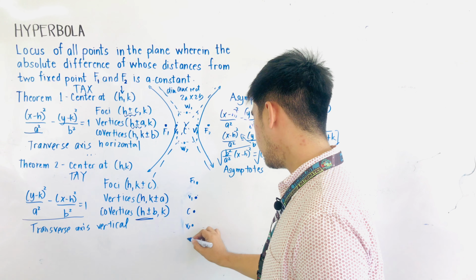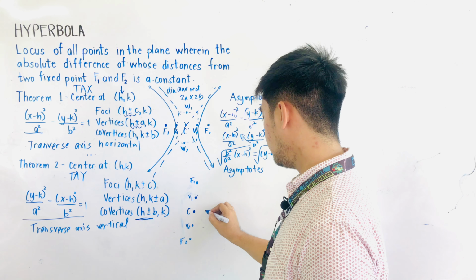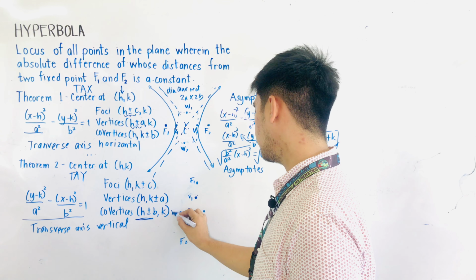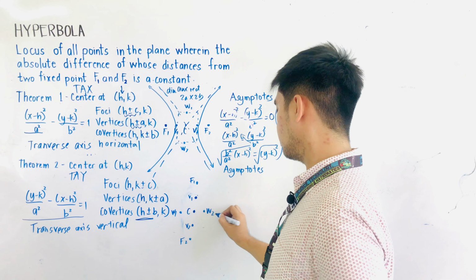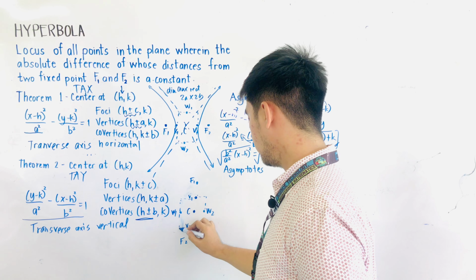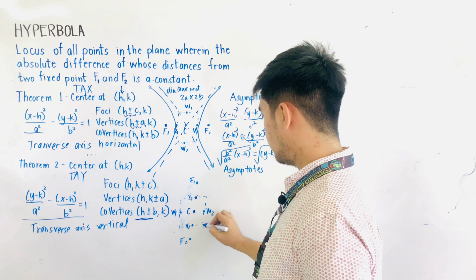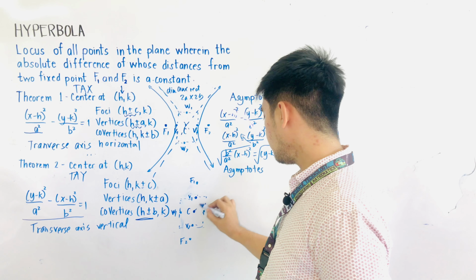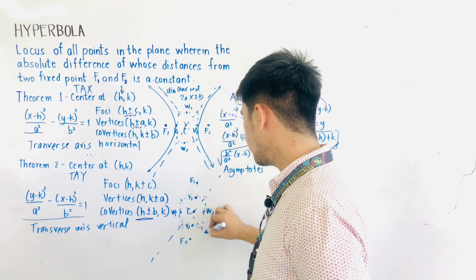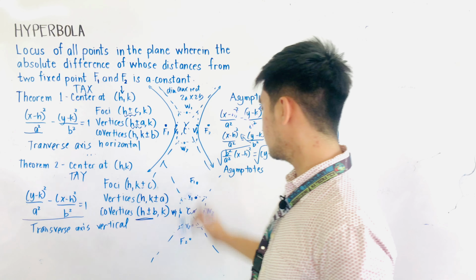This is our F2. Okay, so to the right and to the left of the center, that becomes W1 and W2. So this is our auxiliary rectangle. Just connect the co-vertices and the vertices. And the diagonals of the auxiliary rectangle will serve as our asymptotes.